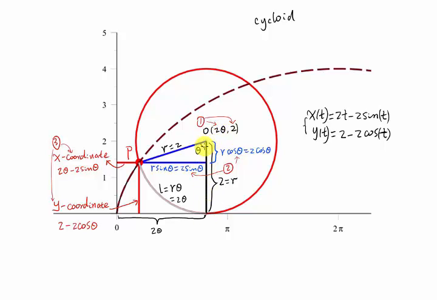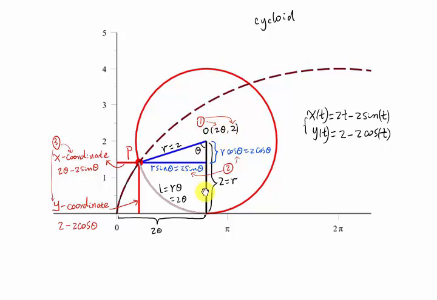From the center to the tangent line, because this wheel is moving on the flat ground, the center of the wheel is always this long. That's the radius, which is 2. So we know that part. So the Y coordinate is easy to figure out.